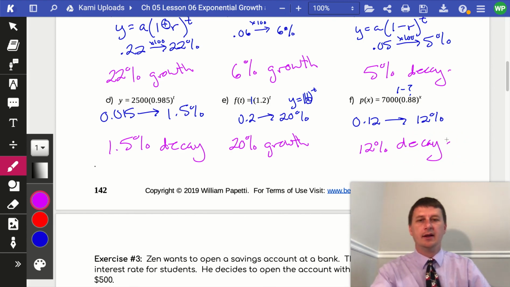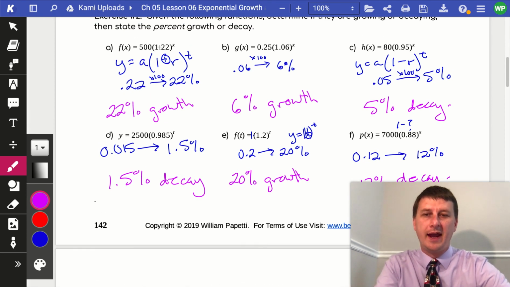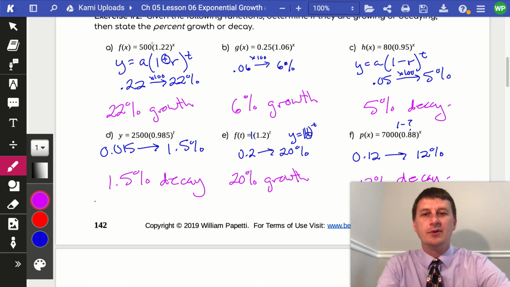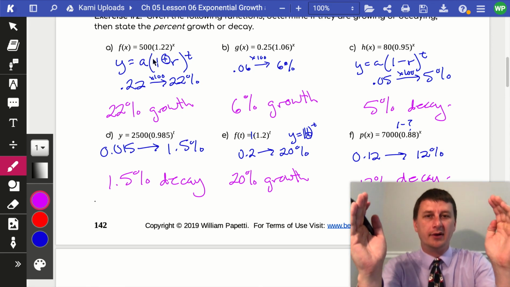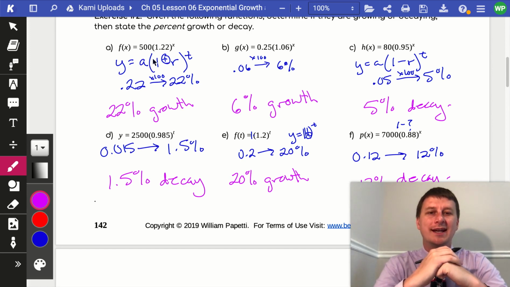All right. So just by looking at these functions, looking at their growth factors, the number inside the parentheses, we could determine their growth or decay rates. Let me say that again. Just by looking at their growth factors, remember, the whole number inside the parentheses, we can then determine the growth or decay rates.